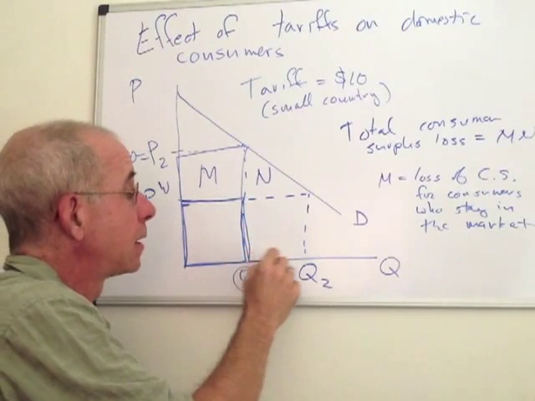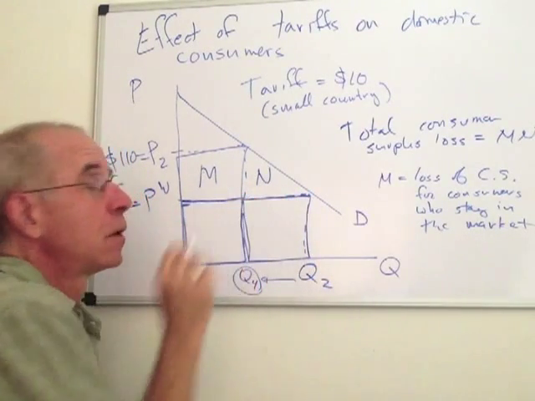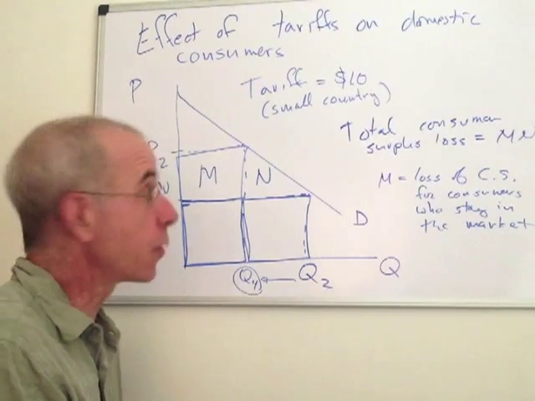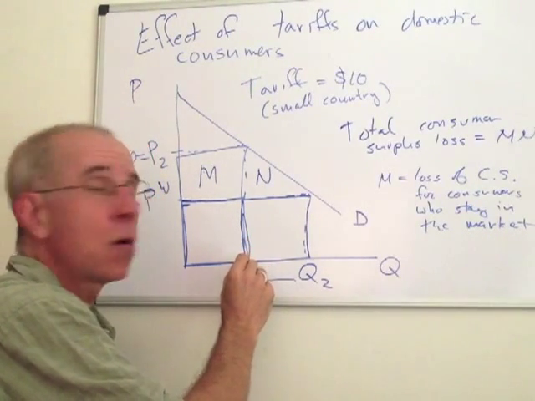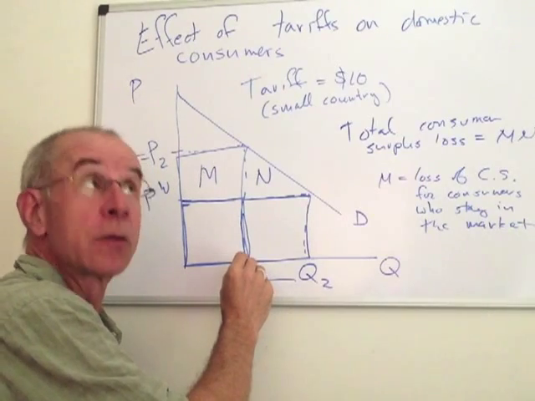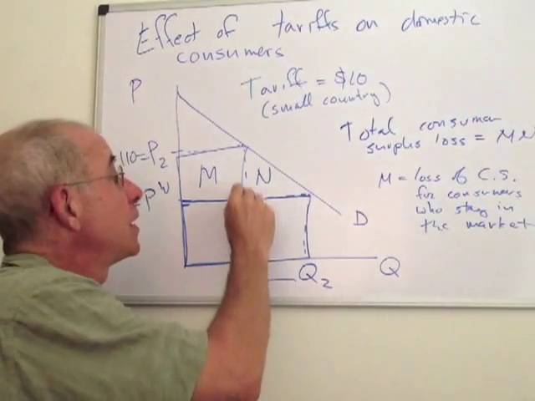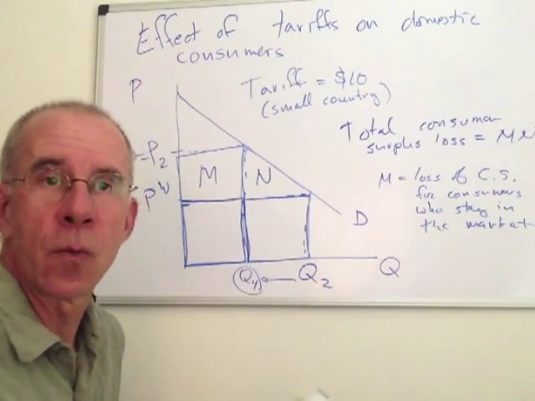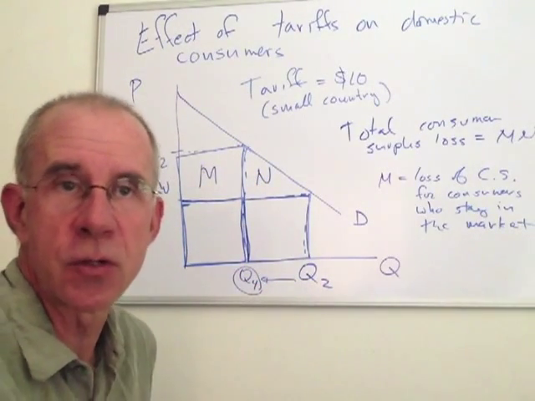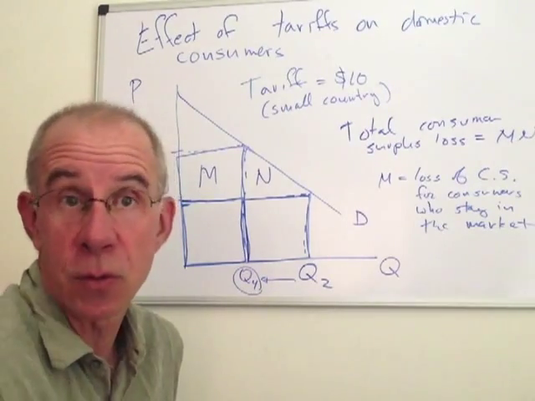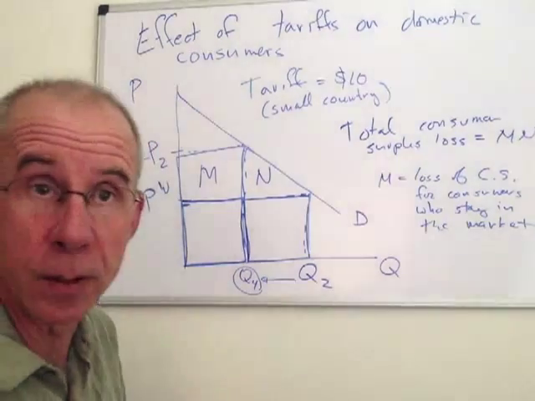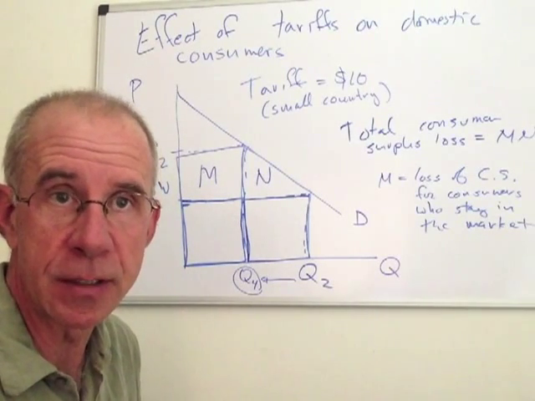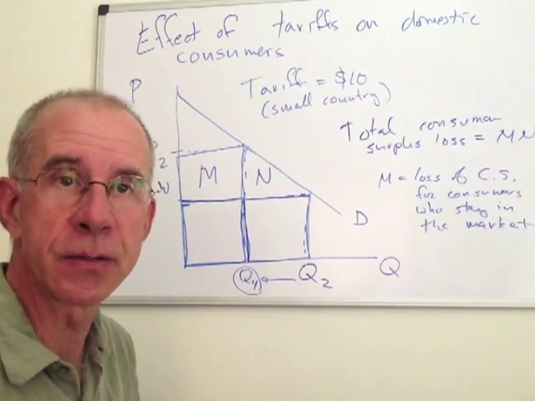They paid this amount to foreigners for this imported product, and the total consumer benefit that they received was the area under the demand curve. So N was consumer surplus associated with consumers who were able to buy at $100 and were willing to pay more. Now, after the imposition of the tariff, that consumer surplus is gone.